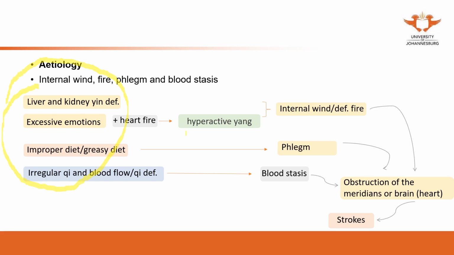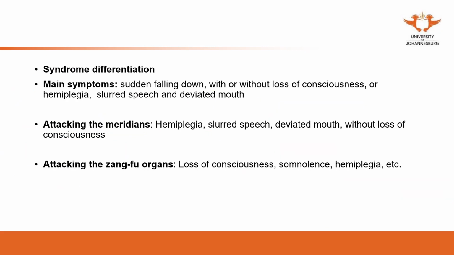It can be hyperactive yang; yin deficiency results in hyperactive yang. It also can be heart fire, the excess fire. But when we see a stroke patient, we think about excess, and we also need to think about the deficiency. So always think from both the yin and yang sides.